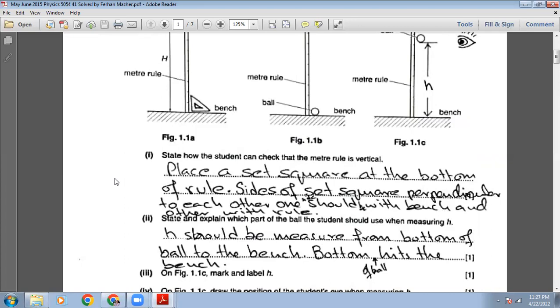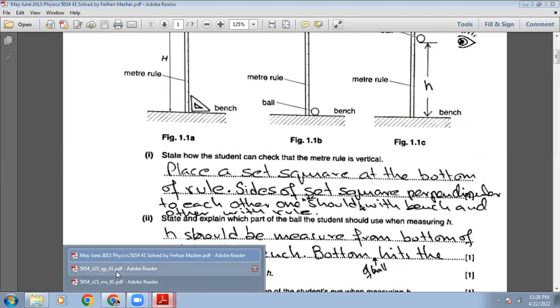Place a set square at the bottom of the rule, with its sides perpendicular to each other. One side should be with the bench and the other with the rule. So the two sides which are perpendicular to each other, one of the sides should be with the bench and the other with the rule, and that will make sure that the rule is vertical.